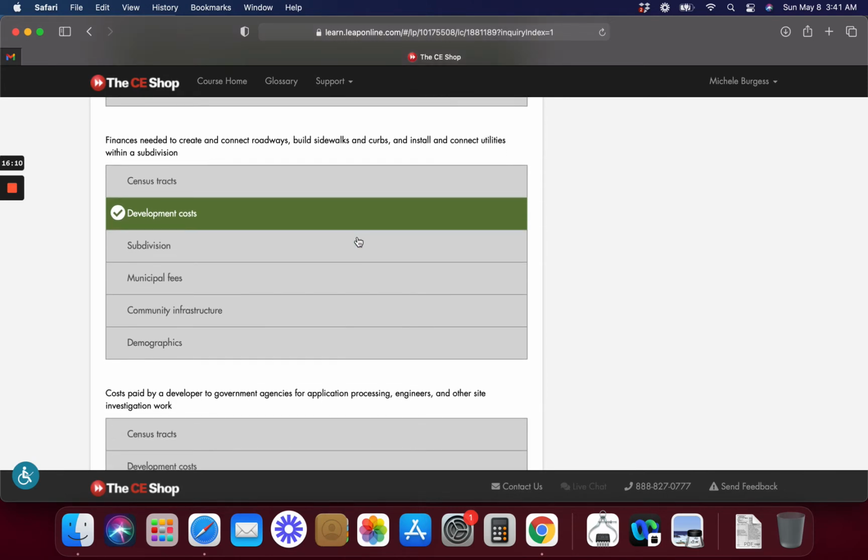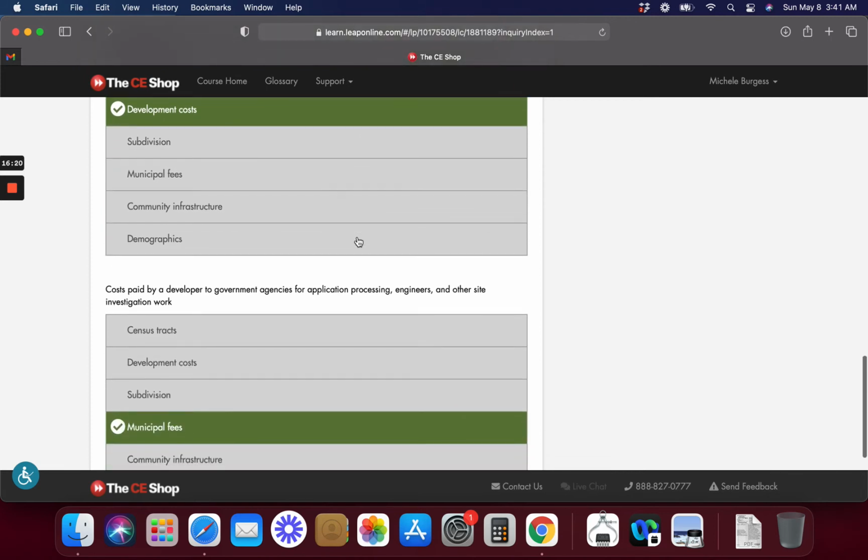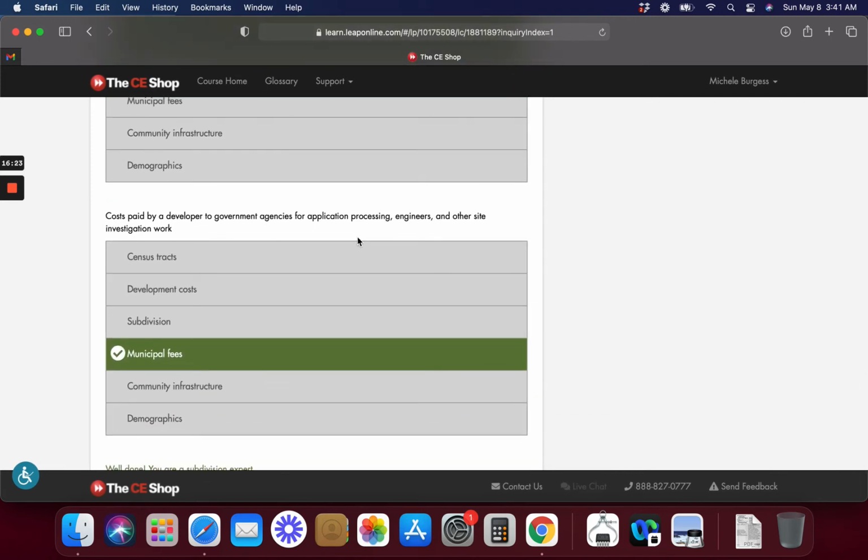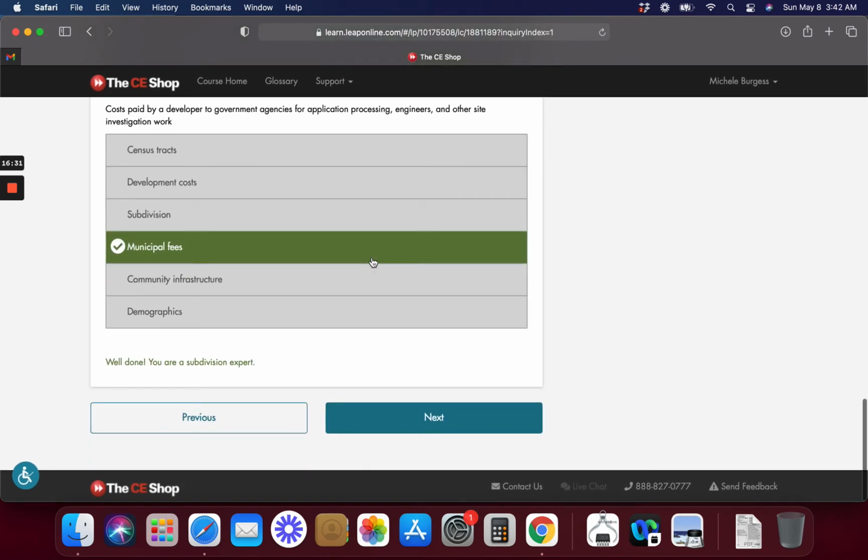Finances needed to connect roadways, build sidewalks, curbs, connect utilities within a subdivision is development costs. Cash paid by a developer to government agencies for application processing, engineers, other site investigation works as municipal fees.